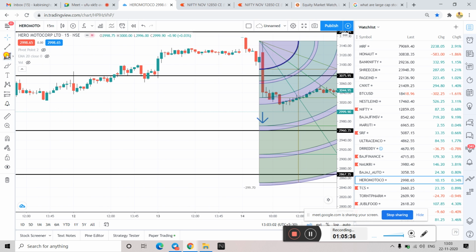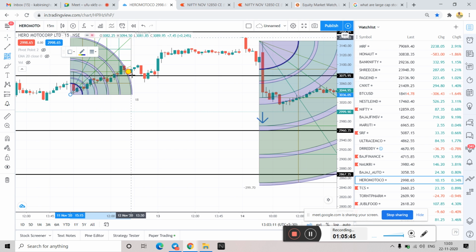Likewise, I can draw one GAN here also. So this is again a 15-minute candle. Okay, and then the highest point should be on GAN line 3.